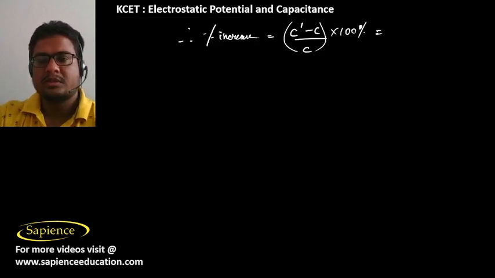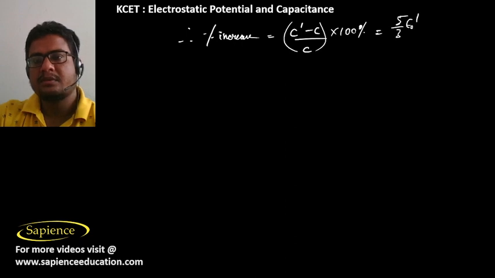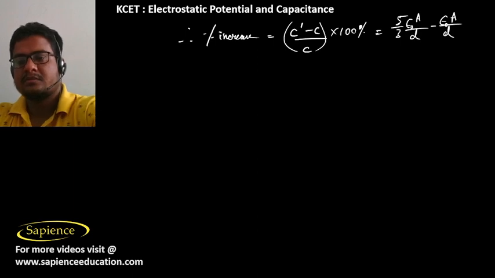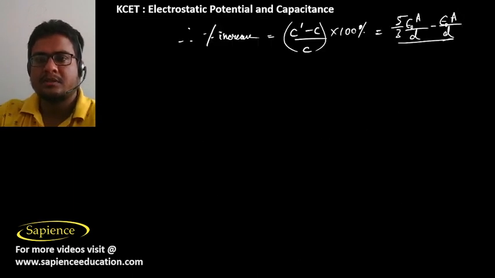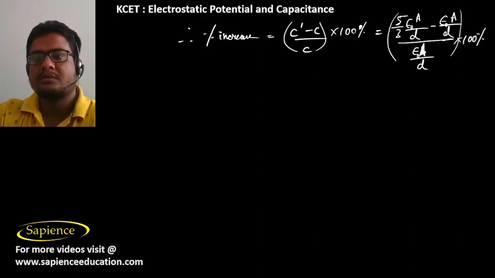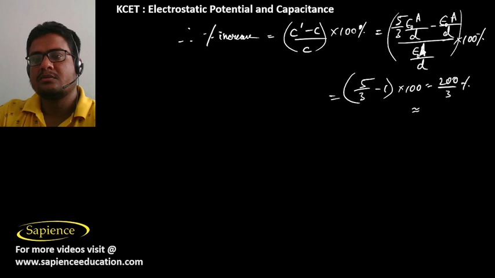That will be 5 by 3 epsilon naught A by D minus epsilon naught A by D, divided by epsilon naught A by D. This will be 5 by 3 minus 1, so this will be 2 by 3, which is 66.67%.